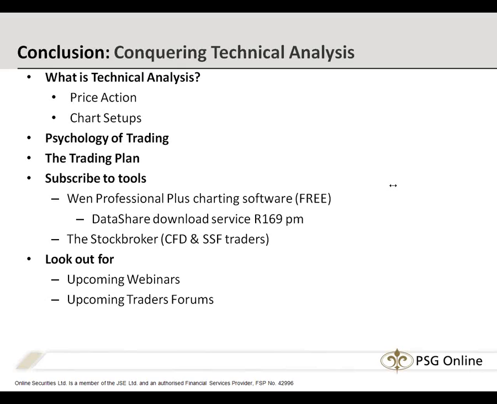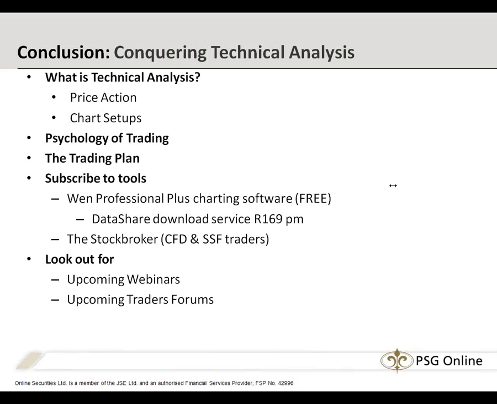Some software vendors maintain that markets are being manipulated by the big players. Is this true? It's a difficult question to answer in the sense that we do see it on the market. We talk about algorithms, a computer program that will trade one share to try and keep the market at a certain level. So yes, that does happen to a certain extent, but manipulation is a very strong word.